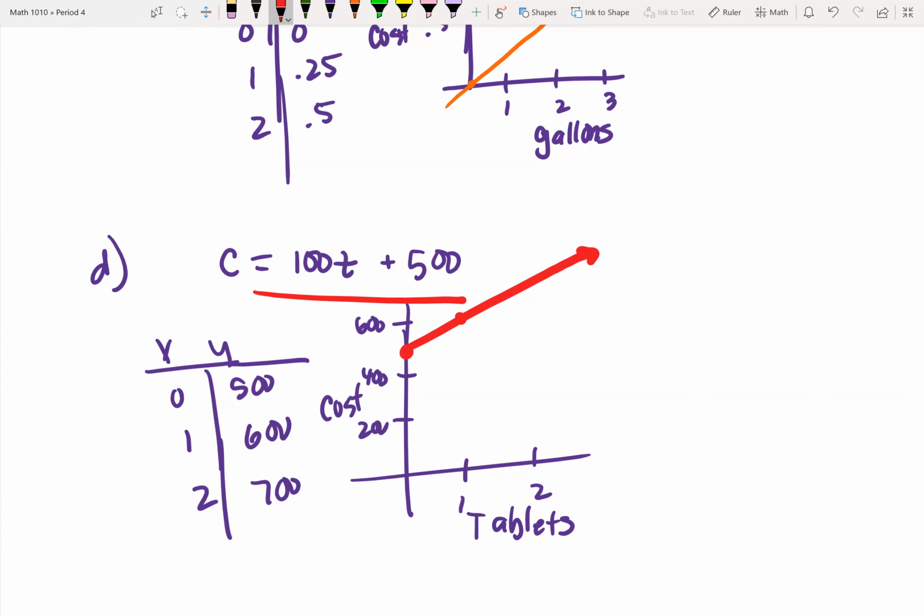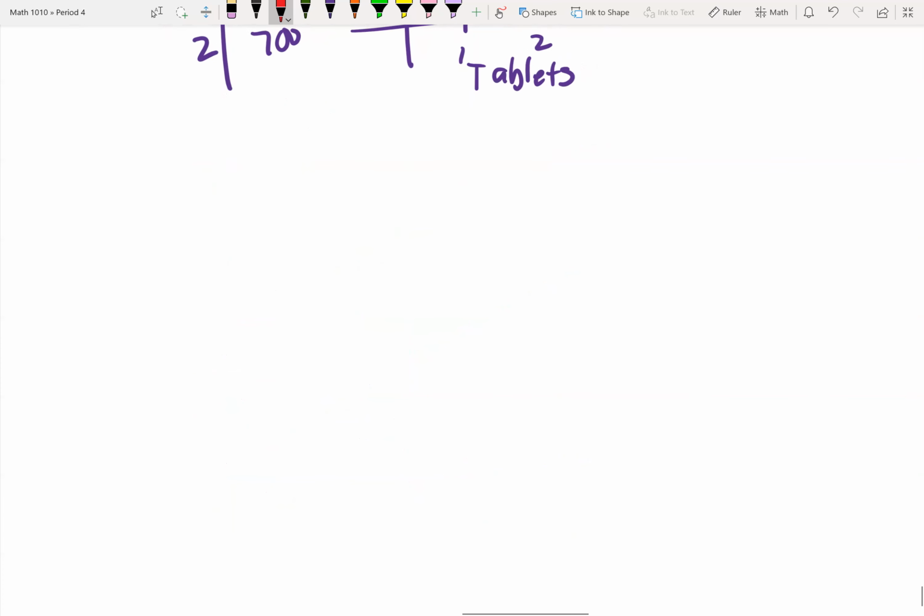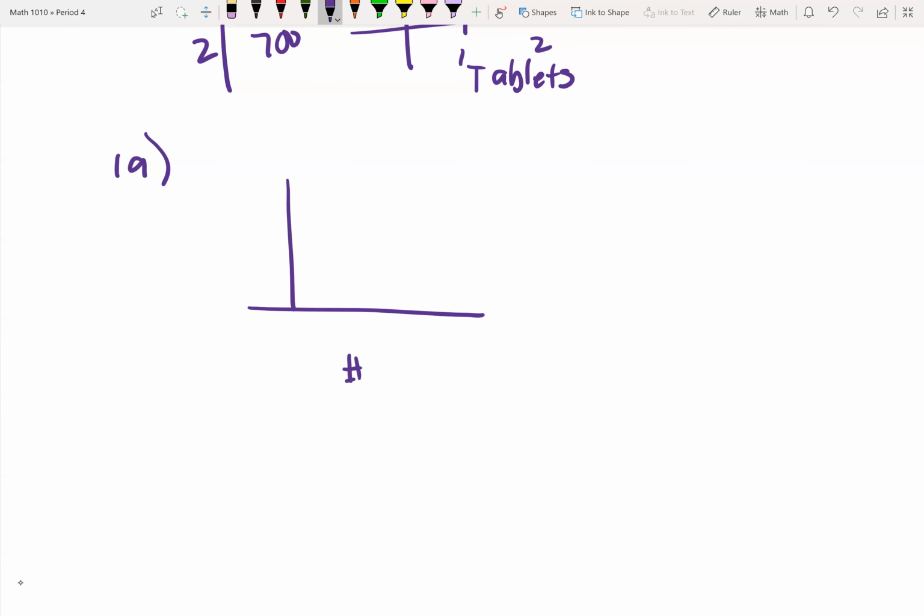Okay. So that was 18. That was kind of long. Here's 19. In words, give a real-life example of a discrete function and draw a graph. Okay, so the best one I have is the number of siblings, and then the cost, let's say the food cost in your home.